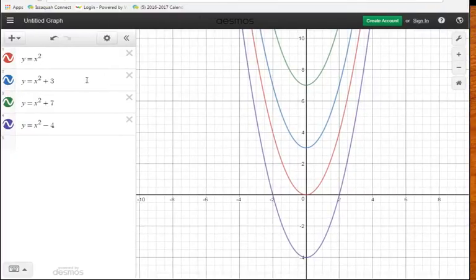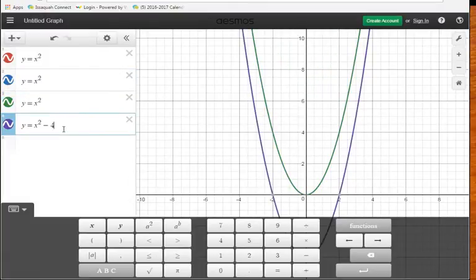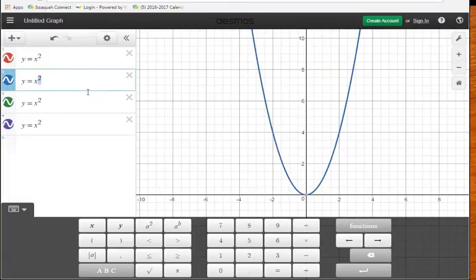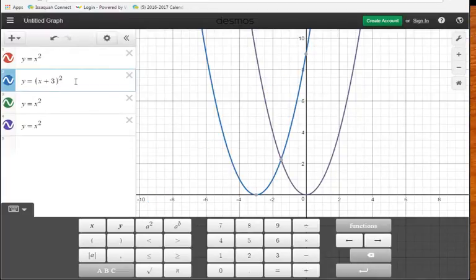Oops, change this. So it's going to affect this graph. So I'm going to just get rid of all this. And then I'm going to go into this x, erase that, and put in x plus 3. X plus 3, and then close the parentheses, then the squared's on the outside. Interesting, the graph said plus 3, but it went 3 to the left.